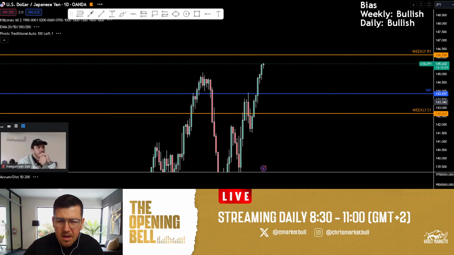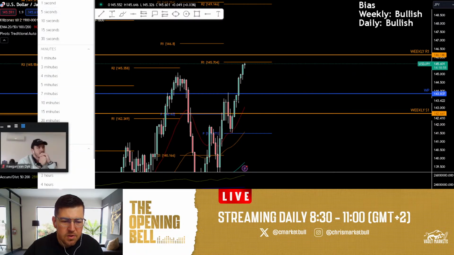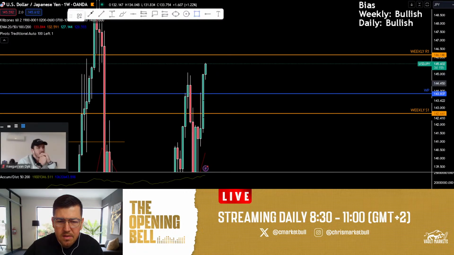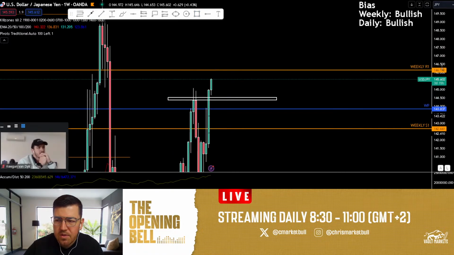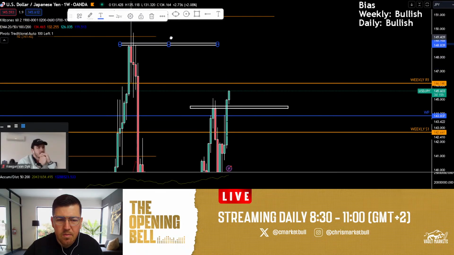USD JPY obviously correlated to pound yen, bullish on the day, bullish on the week. And if you go down to a weekly time frame as well, you can see clean closures above that level, and actually a little bit cleaner than pound yen in terms of ranges that we can target.